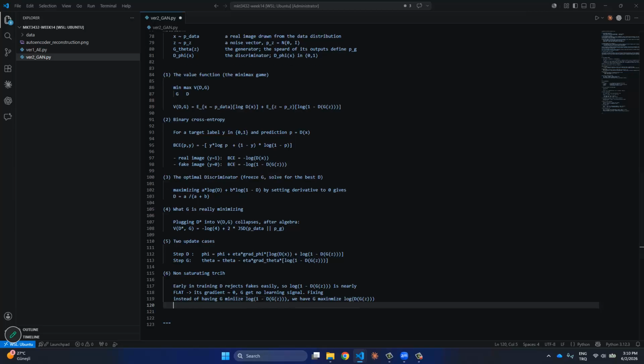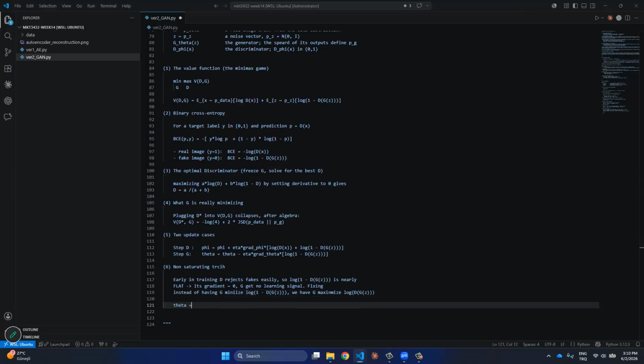These are identical in purpose, which means that theta is equal to theta plus eta times grad theta of log D(G(z)). This is a mathematical trick, guys. Nothing more.